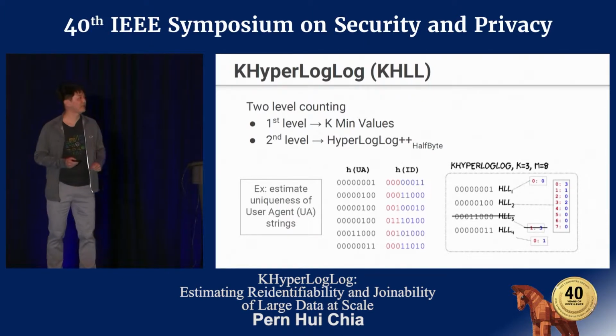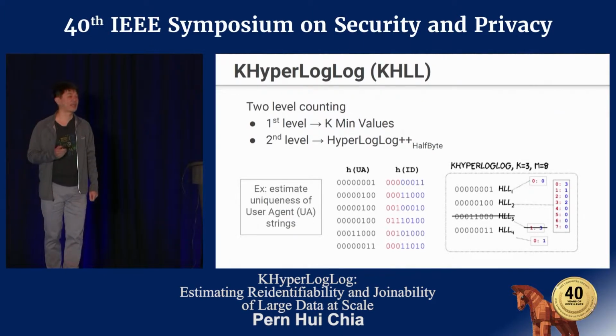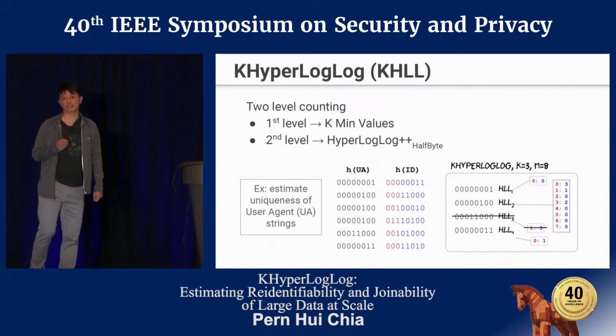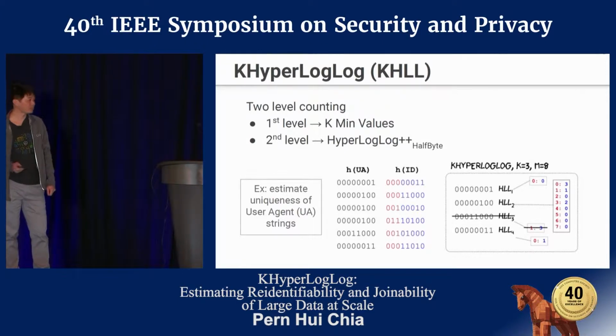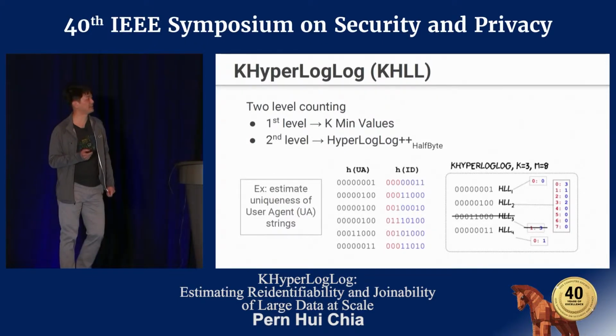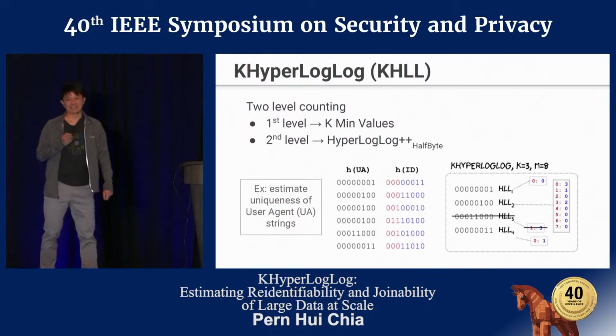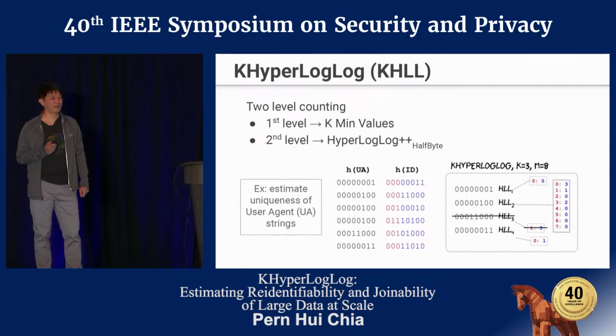In the first level, it takes inspiration from k-minimum values, and for every entry in the k-minimum values, it has an associated HyperLogLog sketch in the second level. We actually implemented a variant of the HyperLogLog sketch, which we call HyperLogLog++ half-byte. As the name suggests, it is more memory efficient than HyperLogLog++.